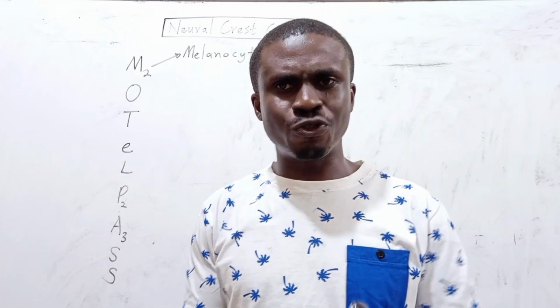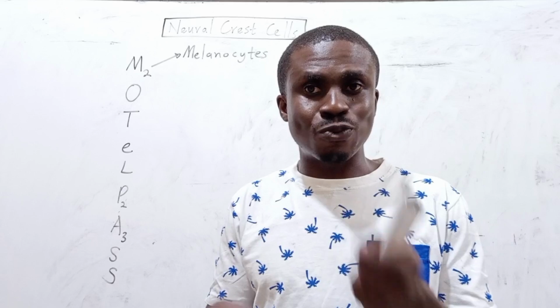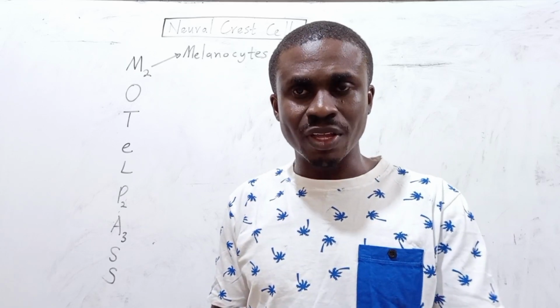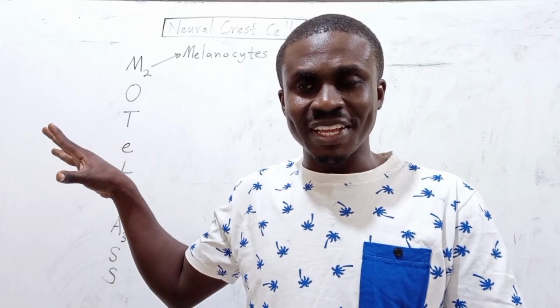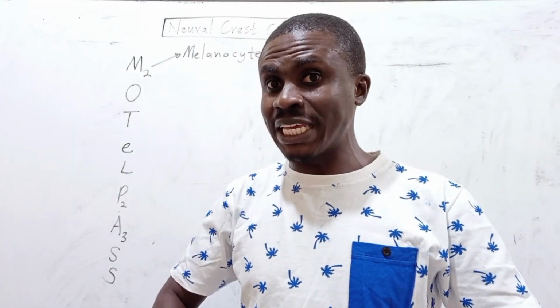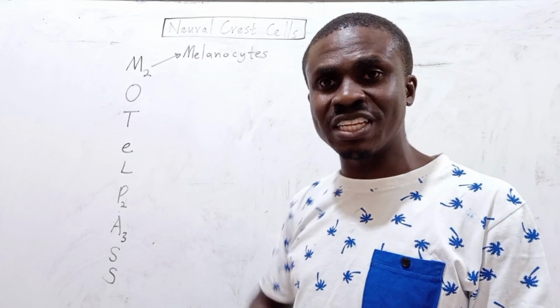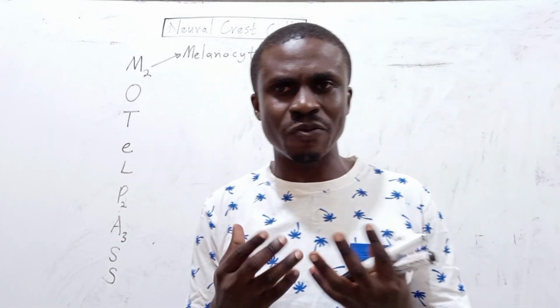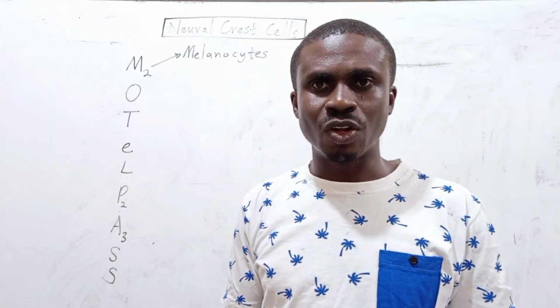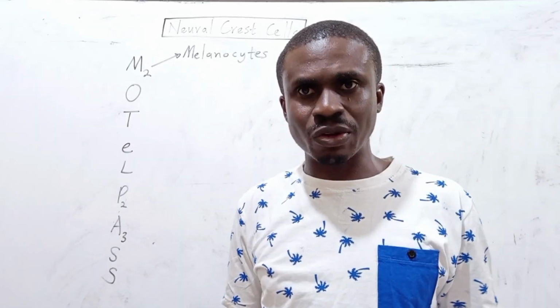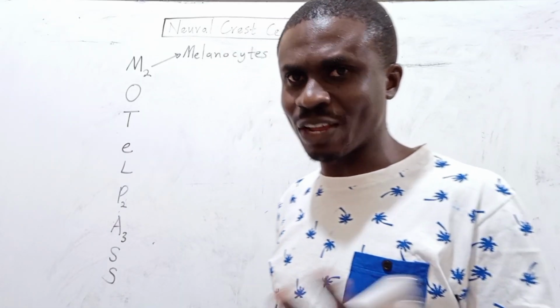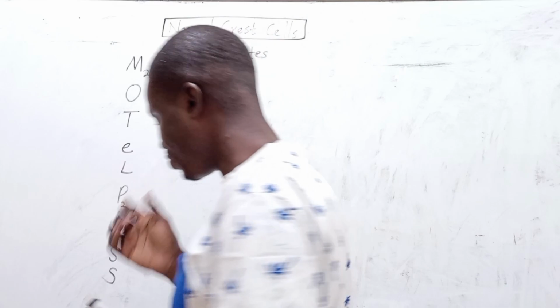For this reason, if there's some kind of problem regarding the migration of the neural crest cells, either cranially or caudally, the ones destined to form the melanocyte, then you may have some kind of hypopigmentation, either of the hair, of the lens, or of your skin. That's one thing I want you to know.